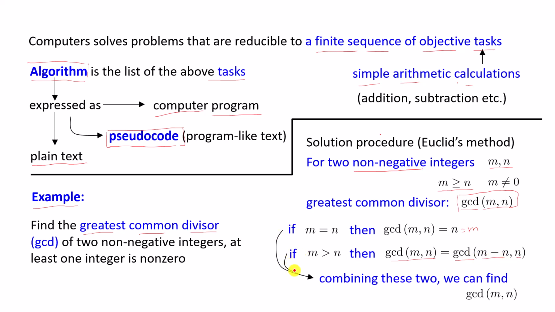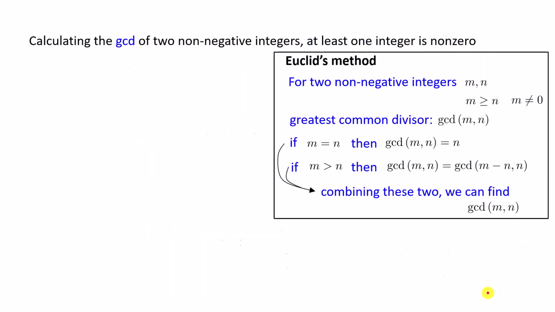Now these two steps, if we combine them properly, we should be able to find the GCD of m and n. Let us go a little deeper into it.